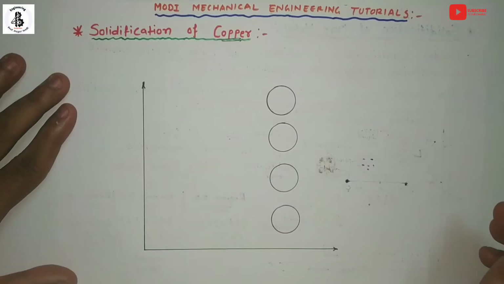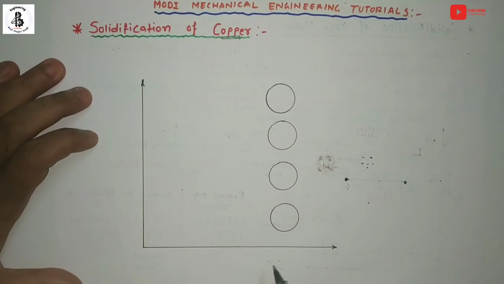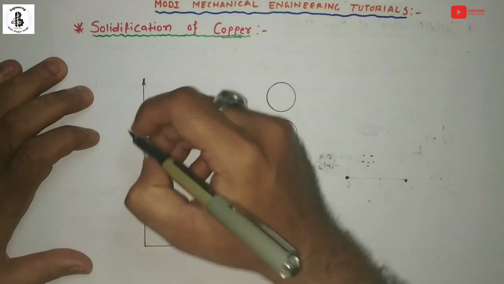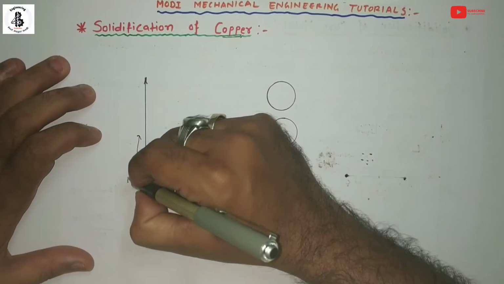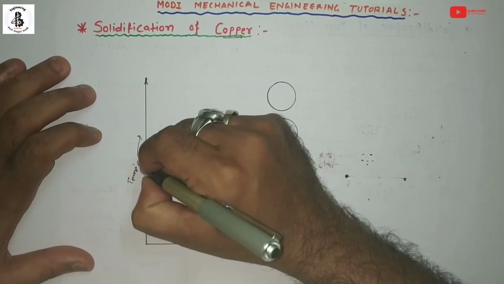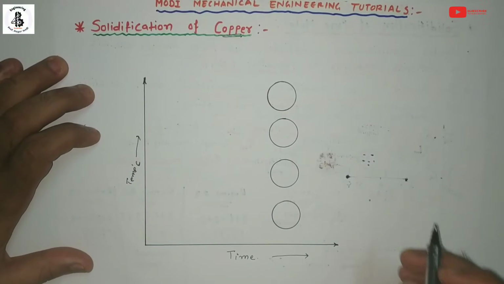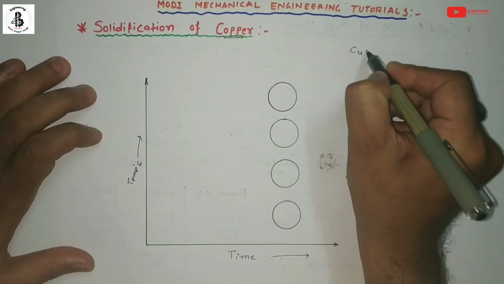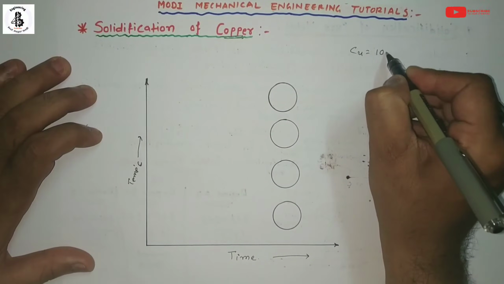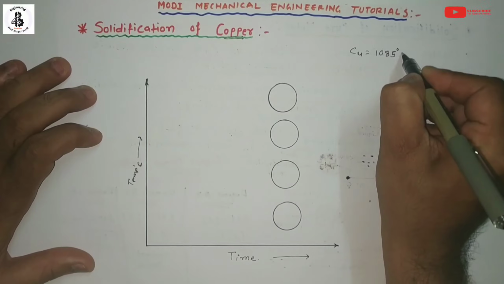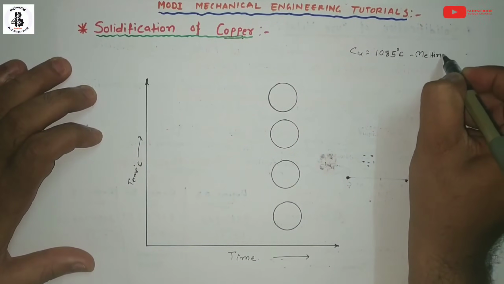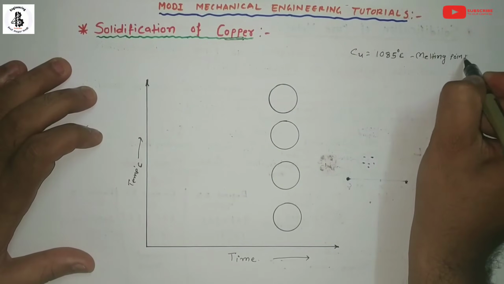So let us see. According to the cooling curve, the x-axis represents time, and the y-axis represents temperature in degrees centigrade. So here is the solidification of copper. Copper has a melting point of around 1085 degrees centigrade.